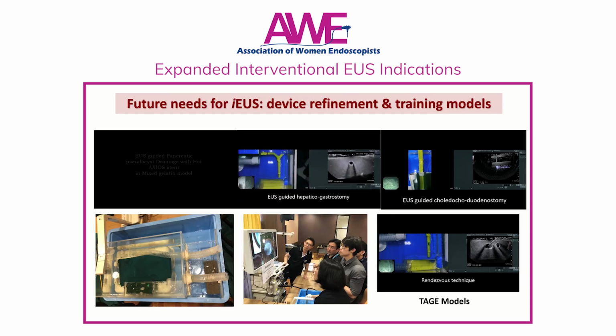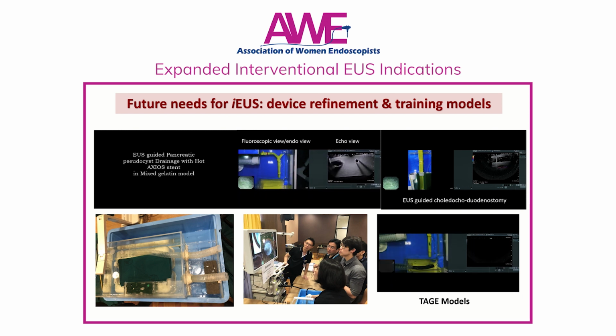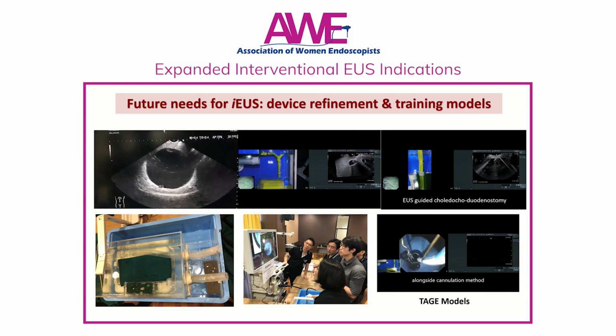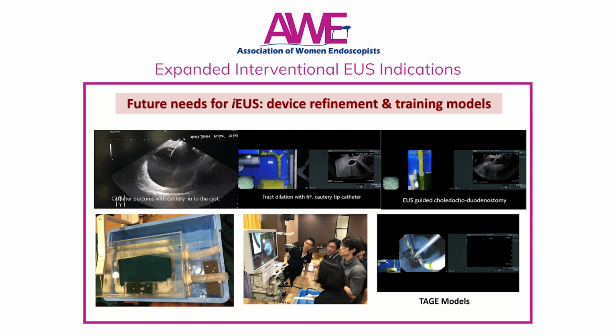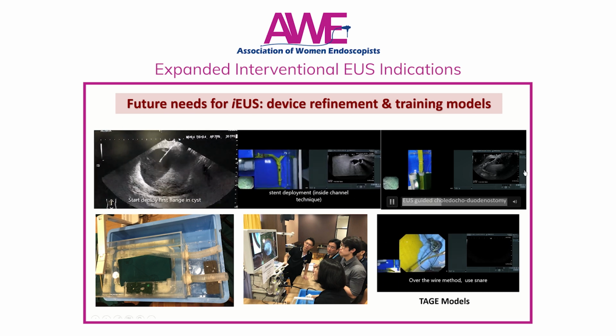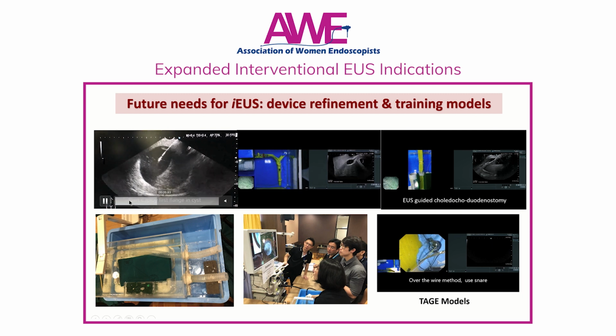To expand the horizon of interventional EUS, device refinement and adequate training through hands-on or training models are required. Here I'm showing you some of the models for therapeutic EUS created by the Thai Association for GI Endoscopy, or TAGE. The first one is a pseudocyst model.